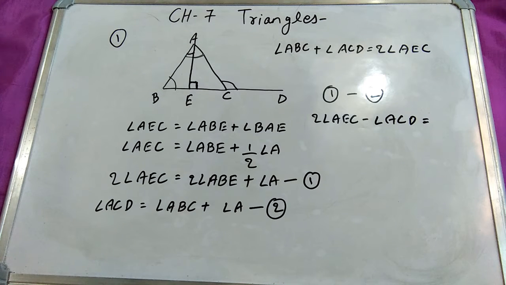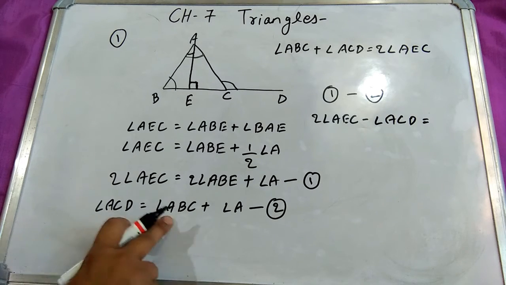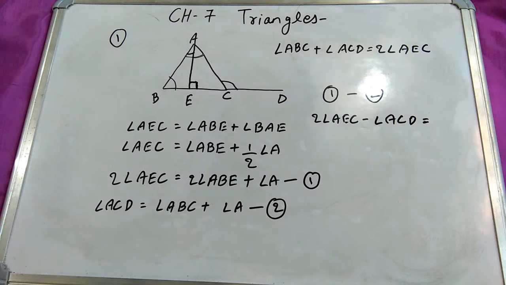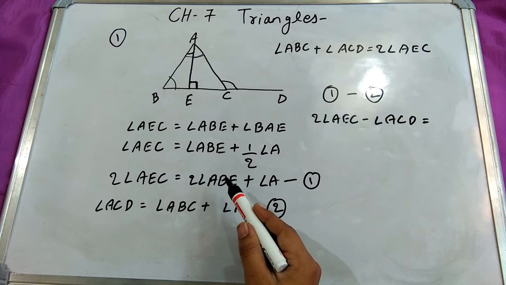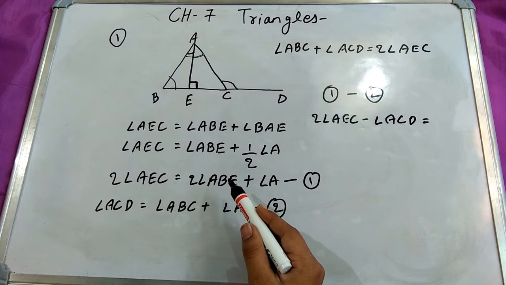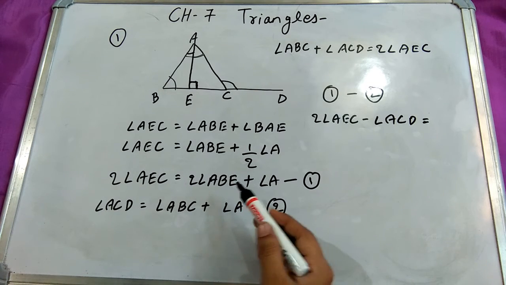Sorry, I have made a mistake. 2 angle AEC equals 2 angle ABE minus angle ABC.